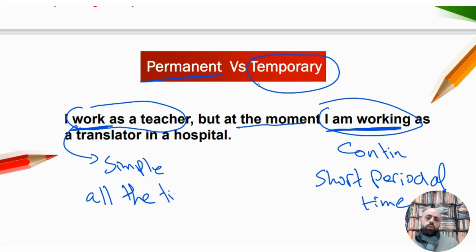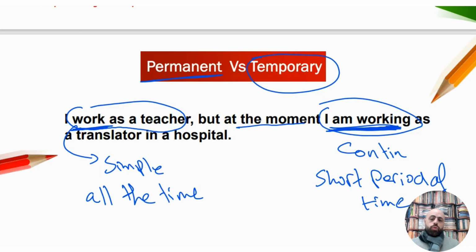So what do you understand right now? That I work as a teacher. This is my original job. But maybe for the current 2 weeks or for the current month or for maybe 6 months, we don't know, it is temporary for a short period of time, so we will use present continuous here.